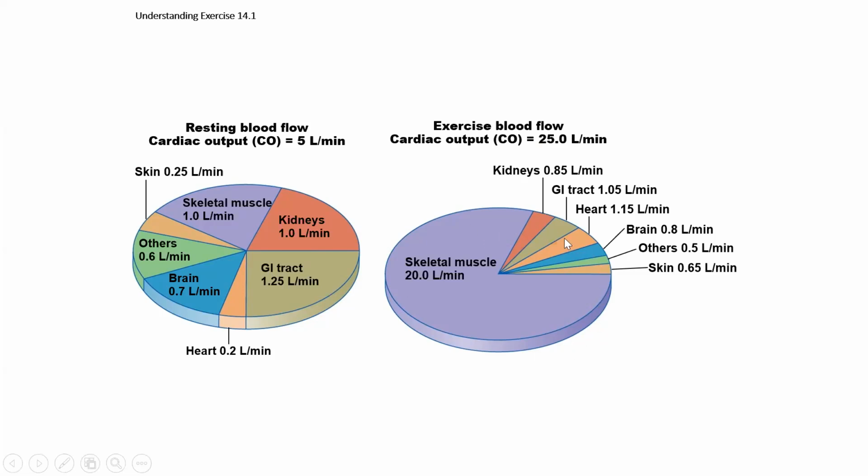If we look at the distribution of the other organ systems, the kidneys get less, the GI tract gets less, the heart gets more. Right? Remember, the heart is an important part of exercise and increasing that cardiac output. So it's going to obviously get more. The brain is going to get more, right? Being selfish as it is, it's going to require more.